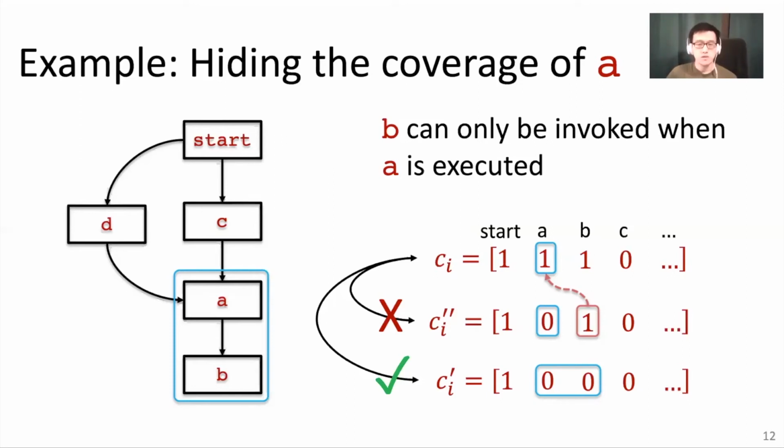If we want to protect the execution of A, we have to also consider B's execution. Otherwise, even if A's coverage is protected, by knowing that B is executed at runtime, we can infer that A is also executed. Thus, the randomizer should ensure the indistinguishability between Ci and Ci prime, where the bits for both A and B are set to 0.